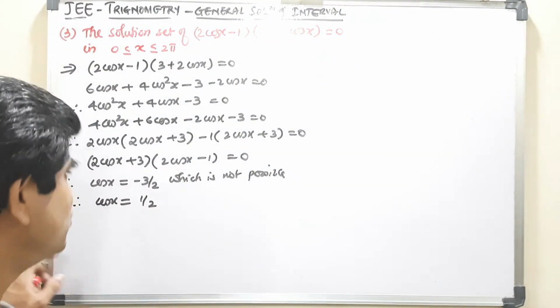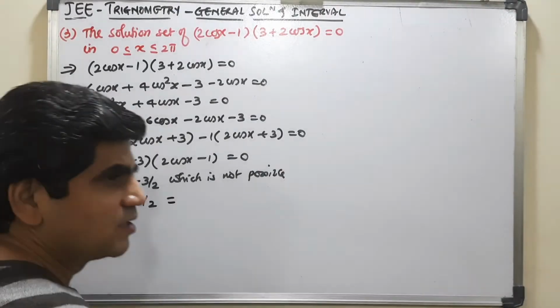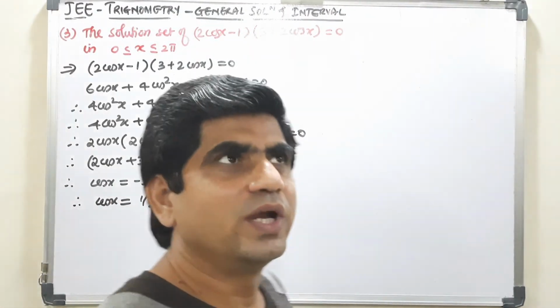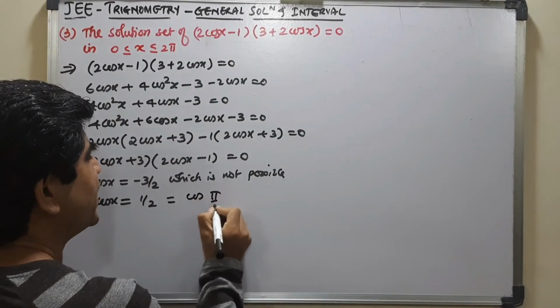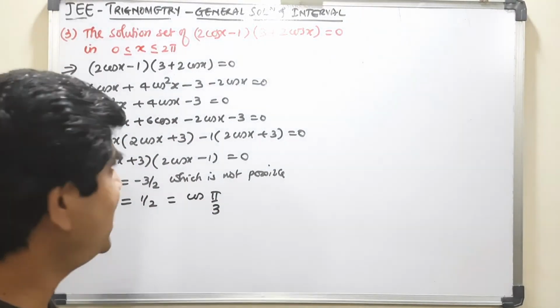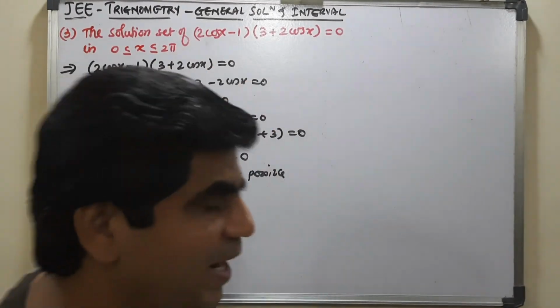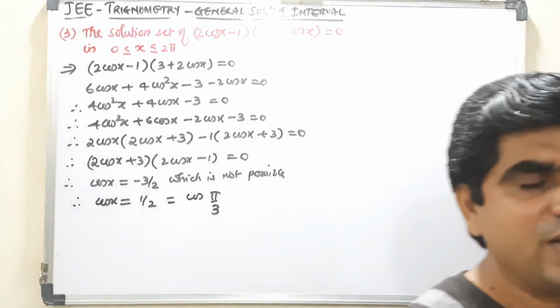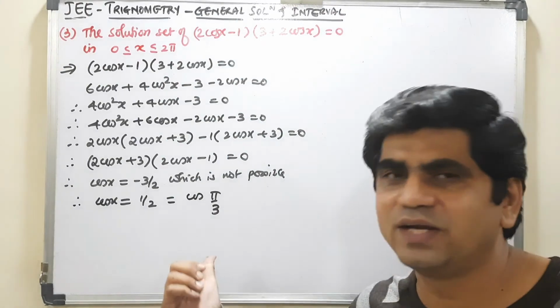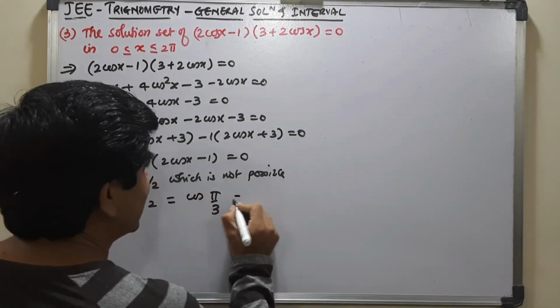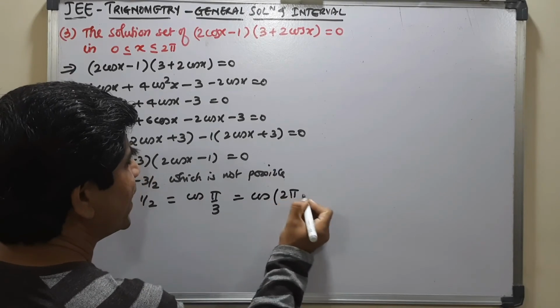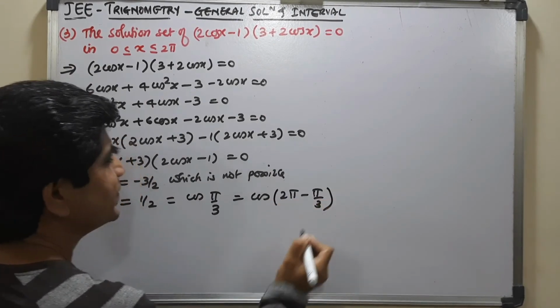So 1 by 2 in quadrant number 1, if you take, it will be for 60 degrees, that is cos pi by 3. And it is from 0 to 2 pi. It is a positive value, so it is obviously going to lie in quadrant number 4. So when it lies in quadrant number 4, it will become cos 2 pi minus pi by 3.